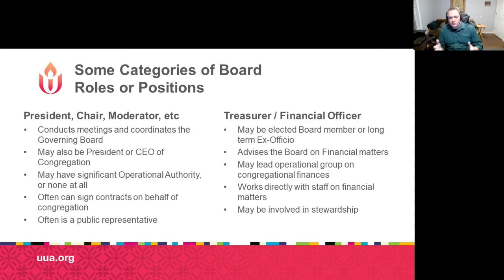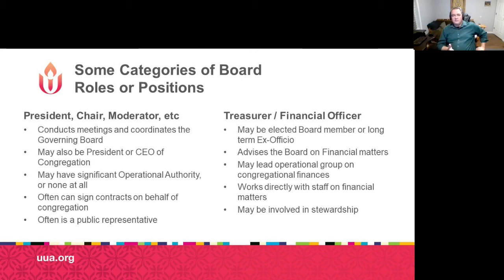So, run through the more standard ones. The president, chair or moderator of a congregation, treasurer, financial officer, maybe an elected board member, maybe an ex officio board member. One thing about the president is that presidents in congregations sometimes are the chief executive officer, with the operational authority. Sometimes presidents have no operational authority at all, and are simply the chair of the board.